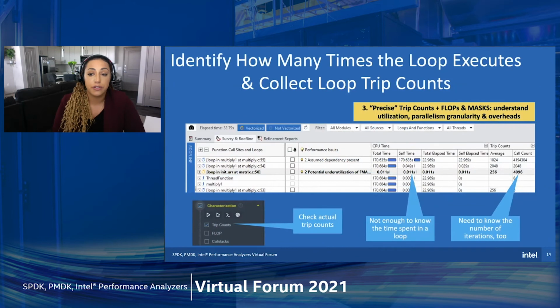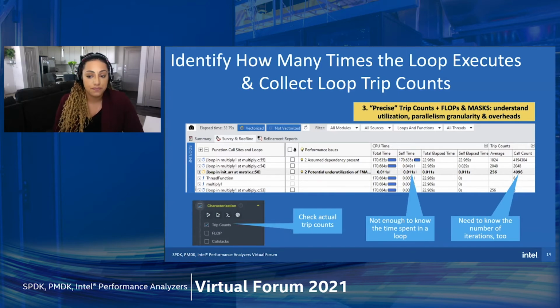So number 3 here, these precise trip counts and flops and masks. I mentioned that this is kind of tying into step 1, but it's just some additional information on the current state of the performance of your application. So if you can see the trip counts, it may help you understand where you will get the benefit of optimization.